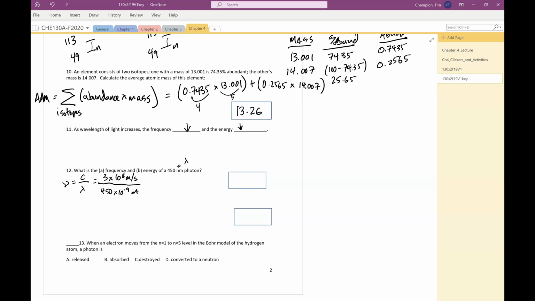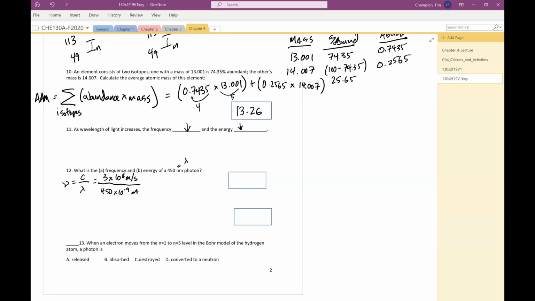If it was 3 over 0.45, it's going to be about 6. Now, to make that 0.45, I'd have to multiply 10 to the negative 9th by 3. So that makes that 10 to the negative 6. 10 to the 8th divided by 10 to the negative 6 is going to be 10 to the 14th. So I'm thinking 6 times 10 to the 14th is my answer.